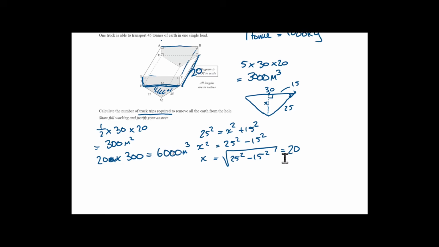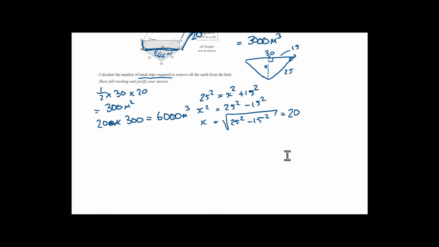So how much have we got in total? Well, we had 3,000 in the cuboid, plus 6,000 in the triangular prism there, and that's going to give us 9,000 meters cubed.